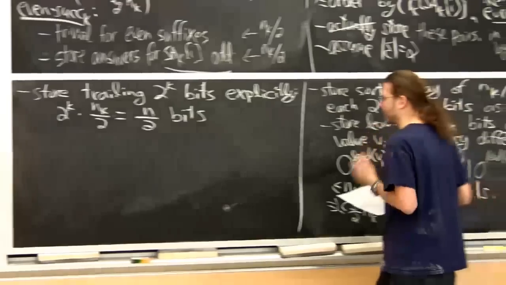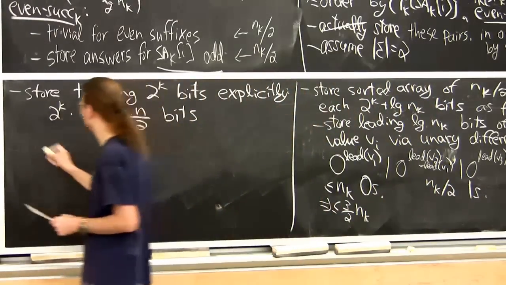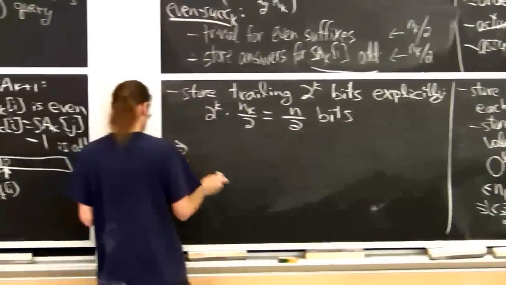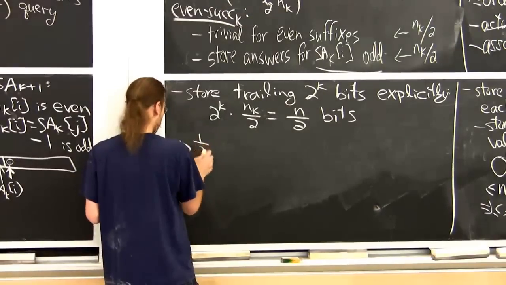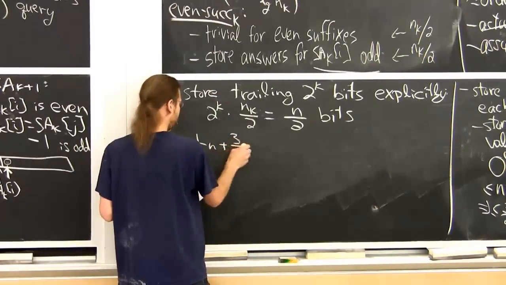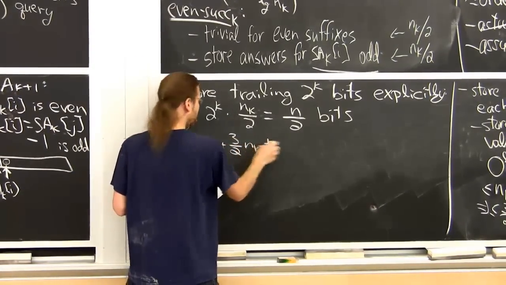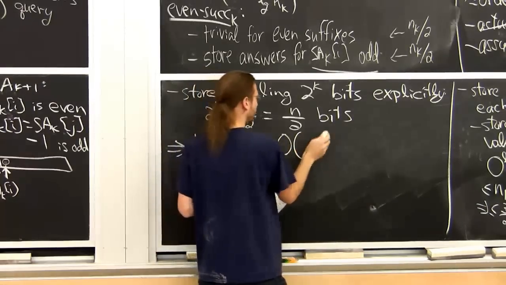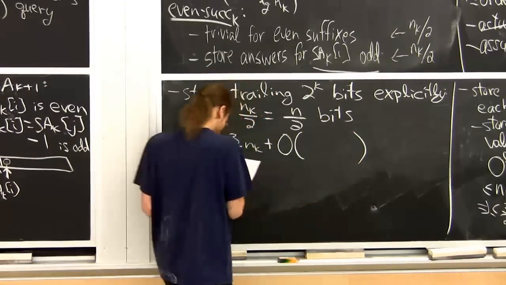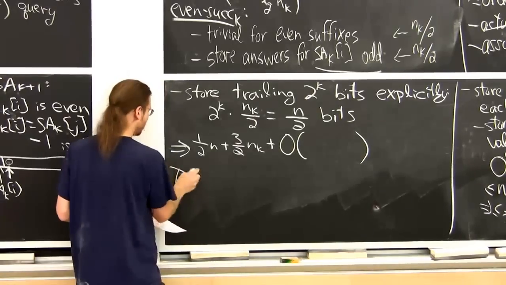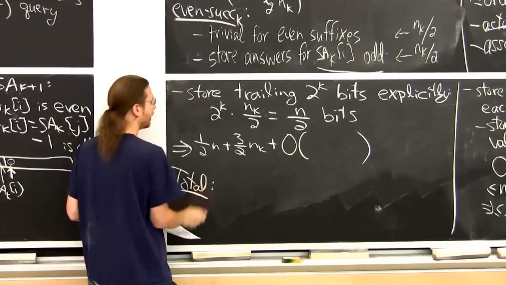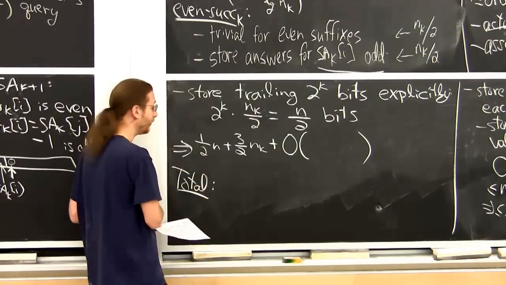Okay. So total number of bits, we add these up, is going to be half n plus 3/2 nk plus, we'll get to this later. And then the total, this we have to do for log n levels.